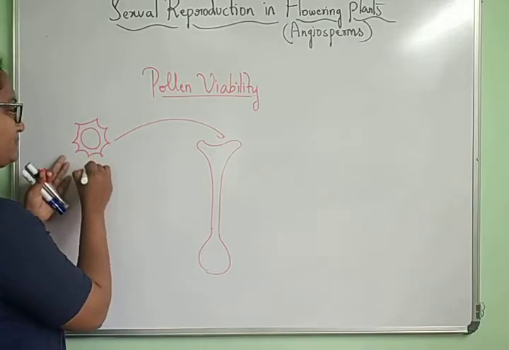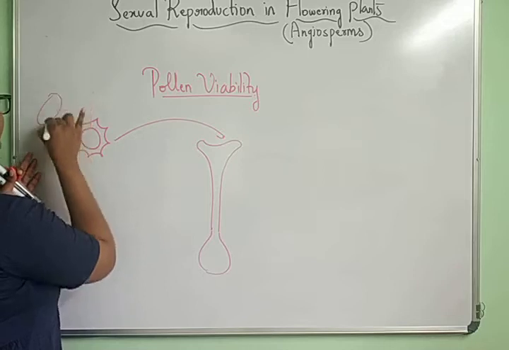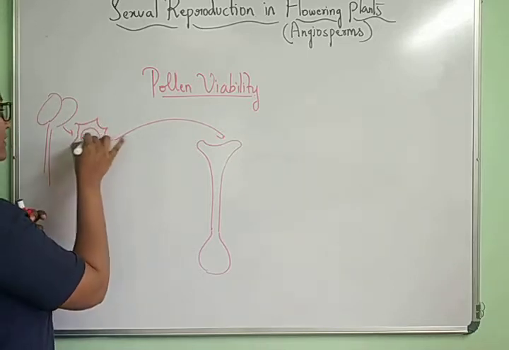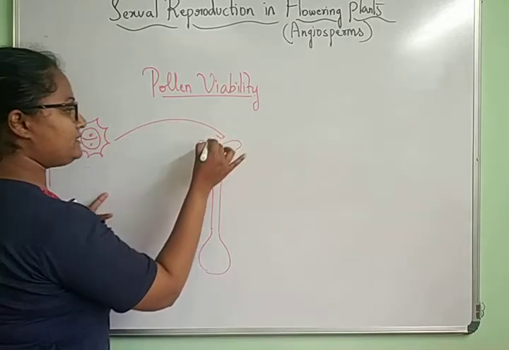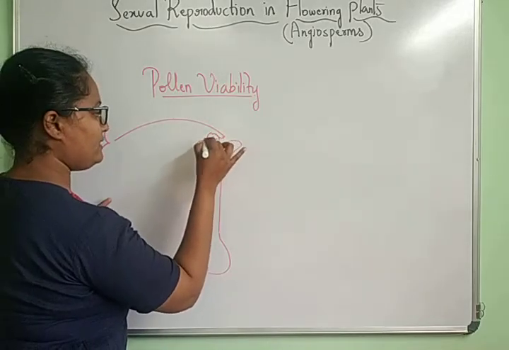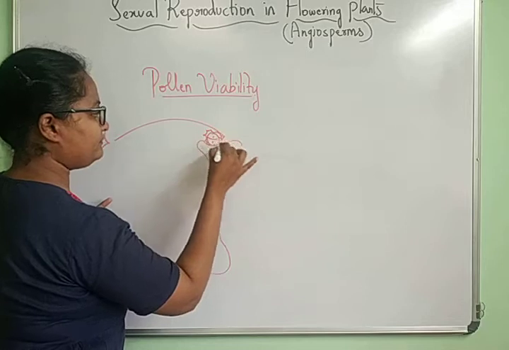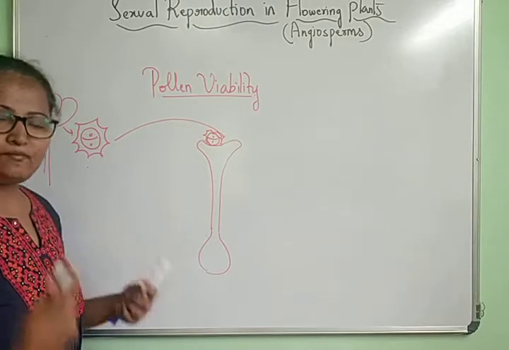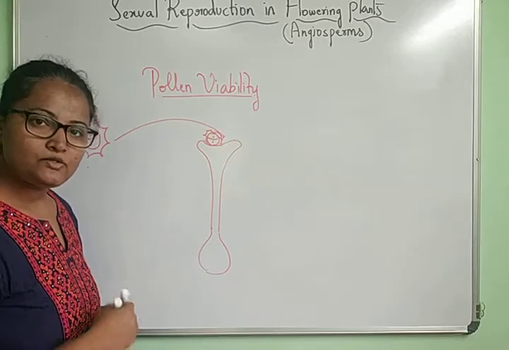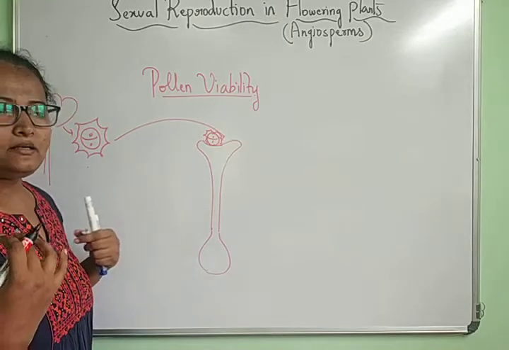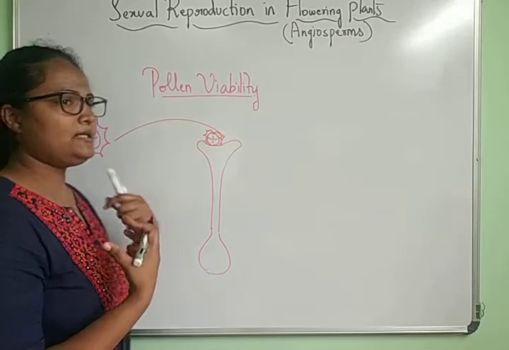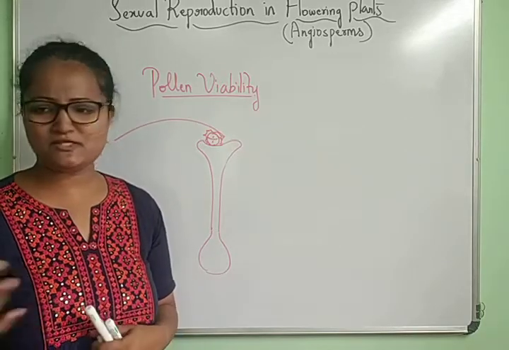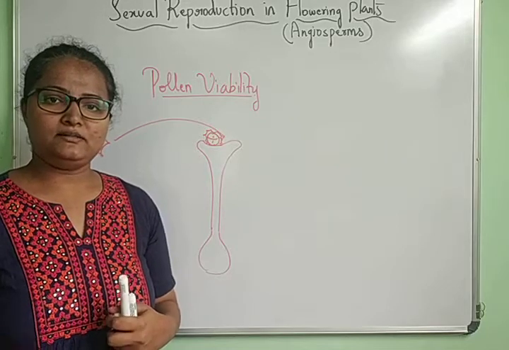When they disperse from the anther, they go and reside on the surface of the stigma. Due to temperature or humidity, there will sometimes be immediate germination of the pollen grain, or sometimes not, based on the external conditions.